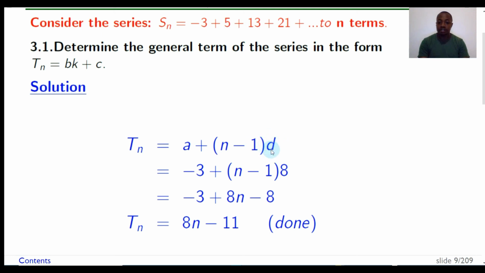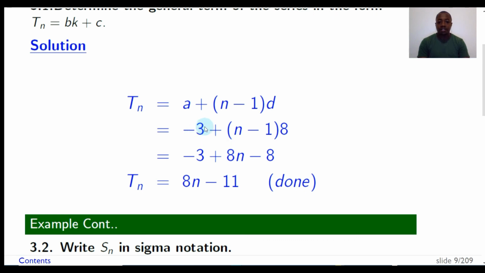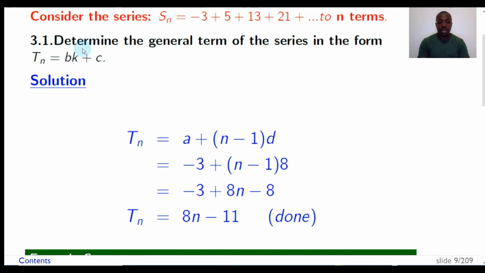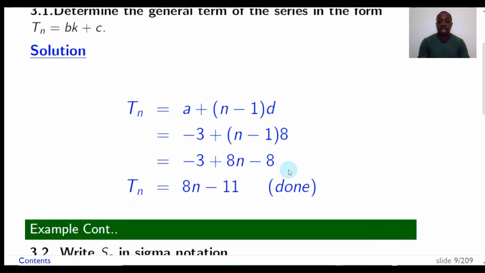That's why for d, I'm substituting with 8. Having done that, the format that we need to end up with is bk + c. You are not solving this. You are reducing this until it looks similar to this one. Okay, having done this, we are getting back to the simplest maths ideas that we were given in the earlier stages.